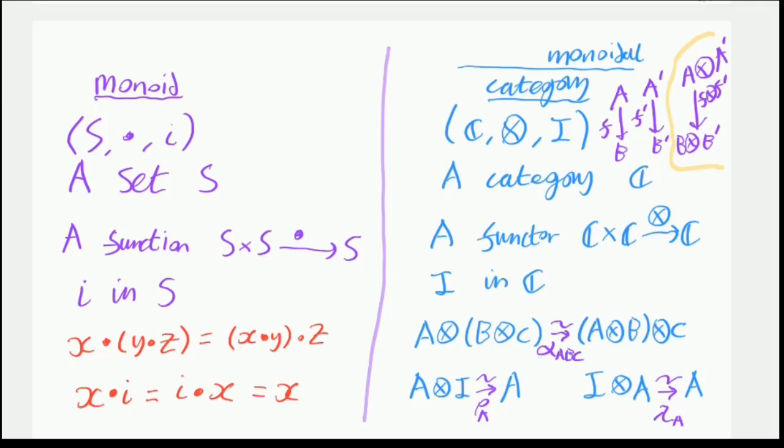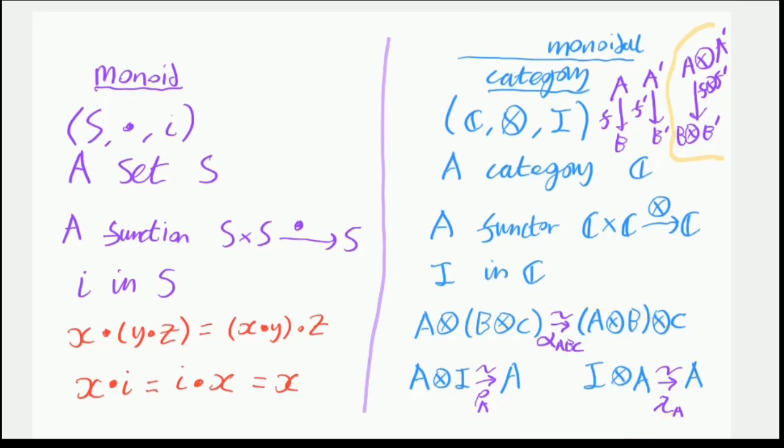And really these purple arrows I've just drawn come from natural transformations, natural isomorphisms in fact. And we have names for them. Lambda is called the left unitor, rho is called the right unitor, alpha is called the associator, and there are a few little extra conditions that these arrows have to satisfy.